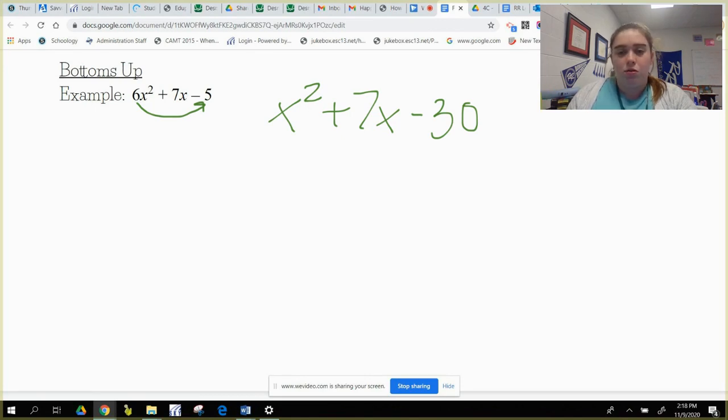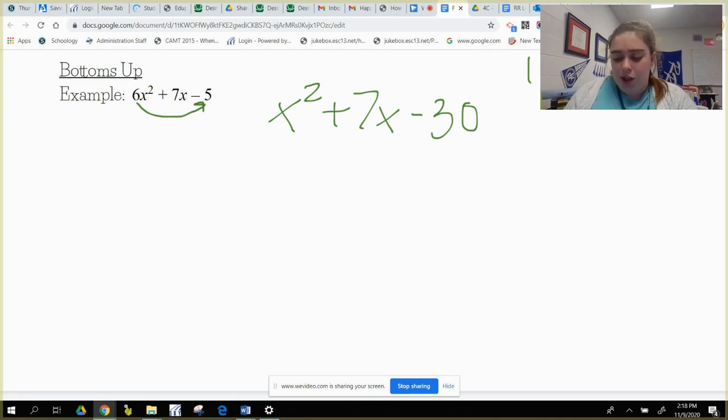Remember, all we have to do for that is find the factors for that last term and then see which of those sets adds to be the middle coefficient, which is positive 7 here. Because we've done this a couple times, you can already see that the factors we're going to use are 10 and negative 3. That is a factor set from negative 30, and that adds to be positive 7.